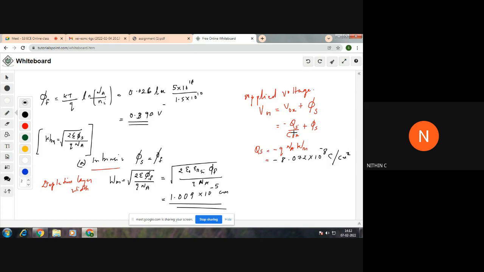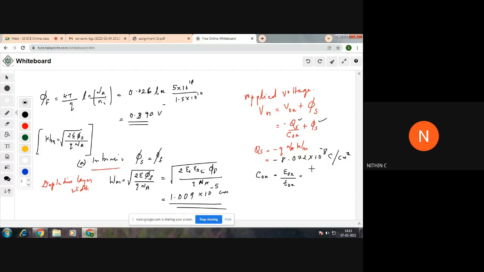So next, you already know the phi s value, and the Qs value you have now found with this equation. Now you need to find the value of COX, that is, the capacitance of the oxide layer. COX is equal to epsilon oxide divided by T oxide.